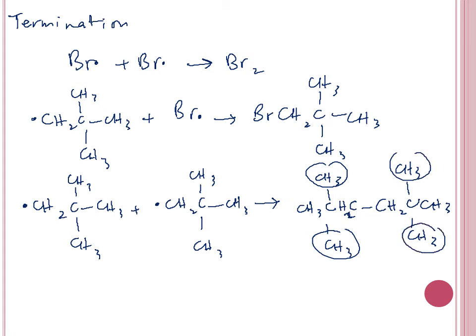I'm circling the substituent. There are how many carbons? 1, 2, 3, 4, 5. So that is 5 carbon. If we count from here, 1, 2, 3, 4, 5. Yeah, it's also 5. 1, 2, 3, 4, 5, 6. Oh, if we count it like this, it's going to be 6.